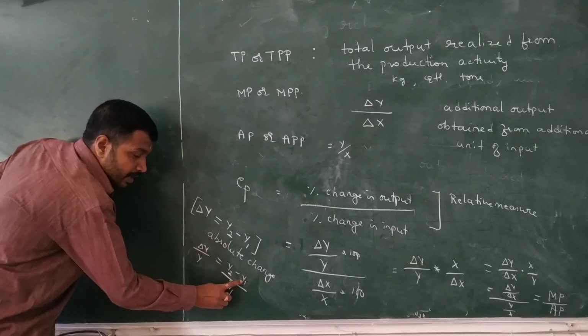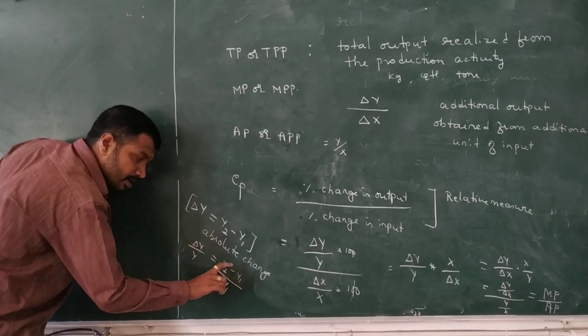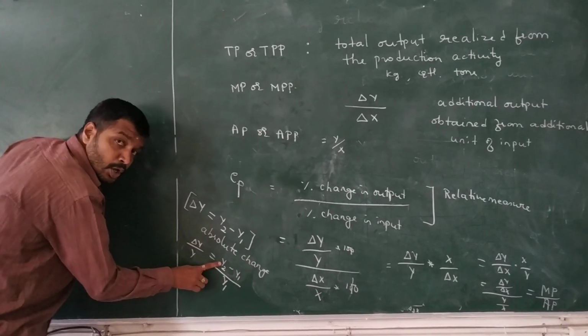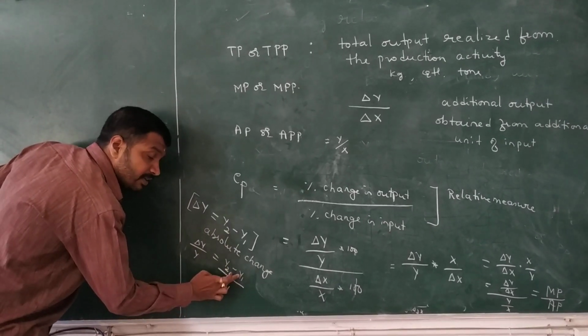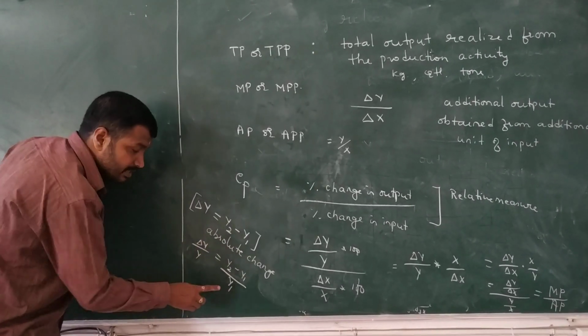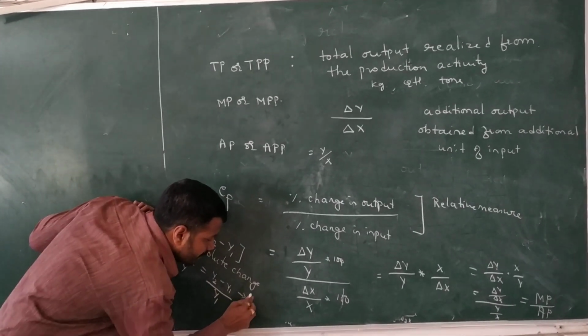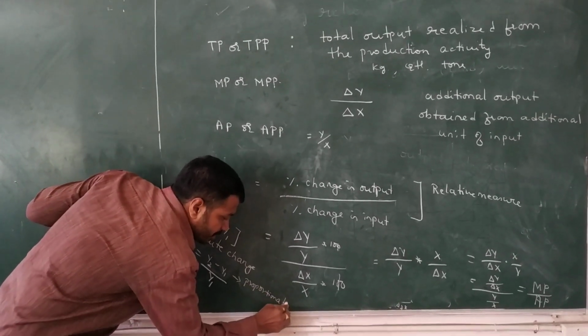That means earlier the output obtained by the farmer is y1. Later, because of input usage, the output obtained by the farmer is y2. So what is the change in output realized? It used to be y2 minus y1, and it is from the base, that is y1. So this we call proportionate change. Try to understand.